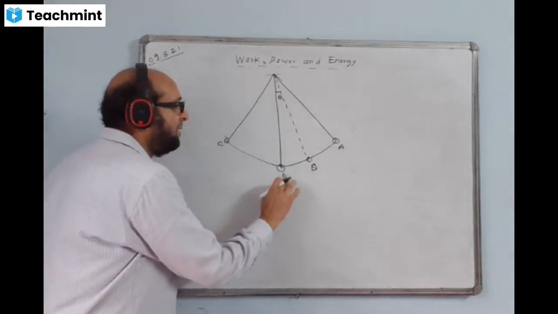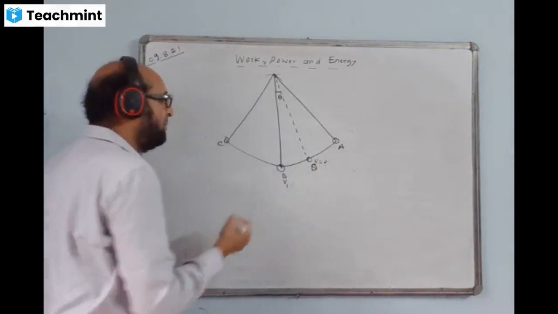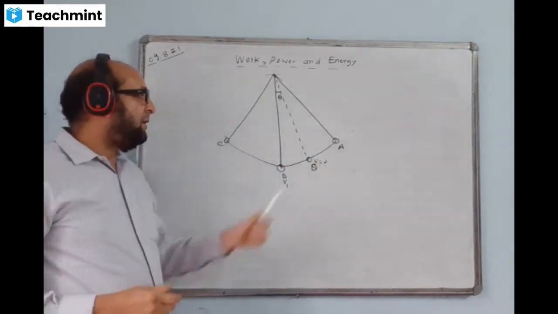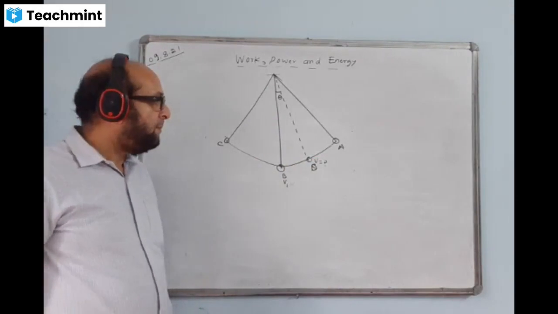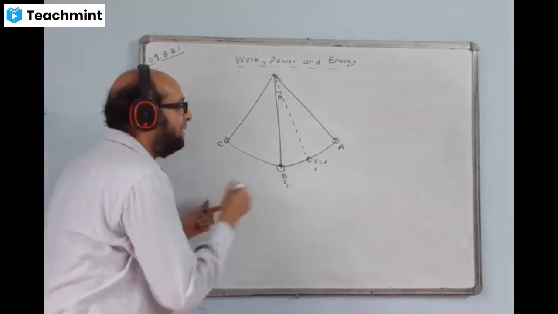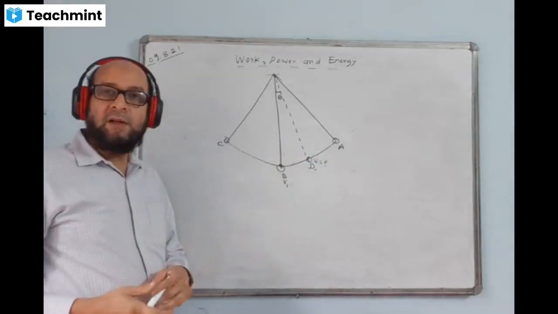The velocity at this point is given, and we have to find the velocity at the other point. Suppose this is v1. V1 is known, and this velocity is a question mark. This is a new point D. How can we find the value of velocity at the point D?